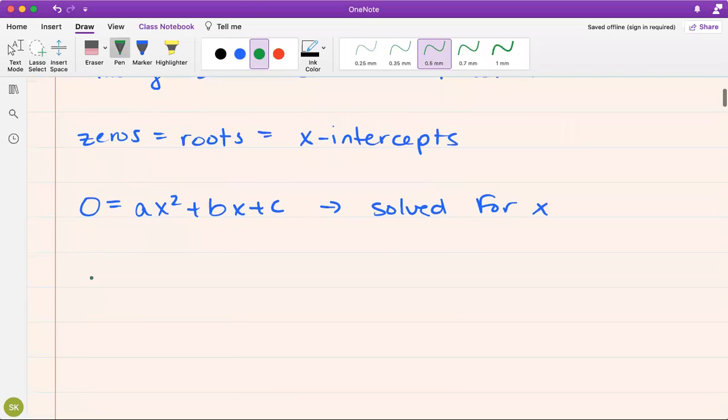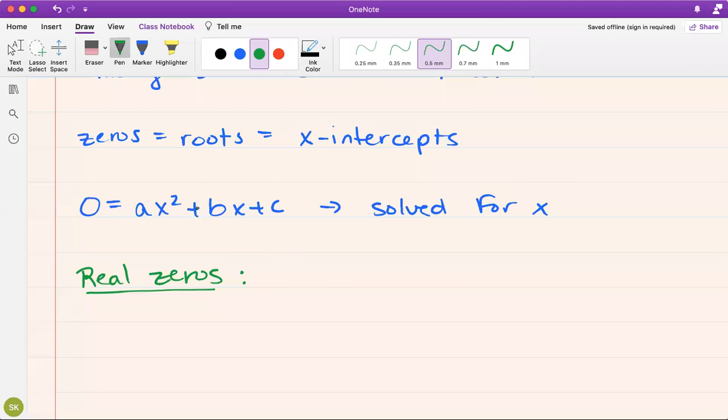So every time we did this, we talked about real zeros, or in other words, real roots or real x-intercepts. And what I mean by real zeros is on the real line: real numbers such as integers, square roots, irrational numbers, things like that.